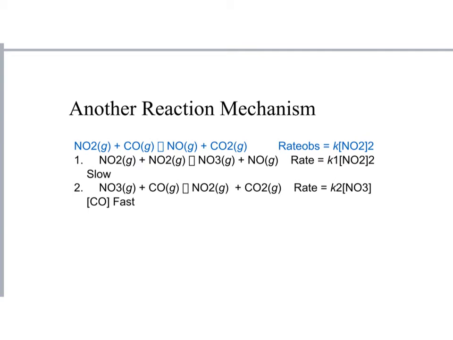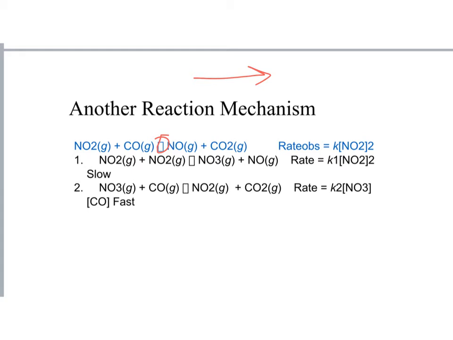So if we look at another reaction mechanism and break this thing down, note that the forward-headed arrows didn't come through very well on the slide. The overall reaction is in blue there. NO2 and CO go to form NO and CO2.